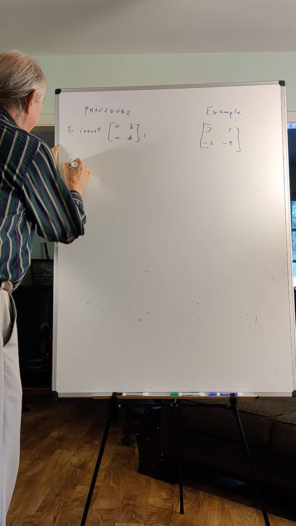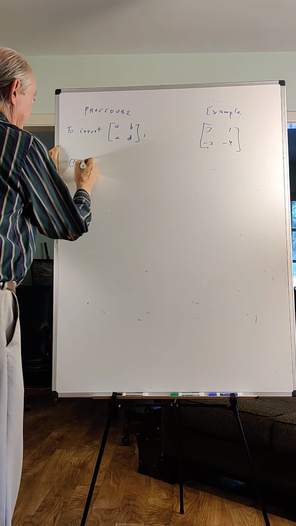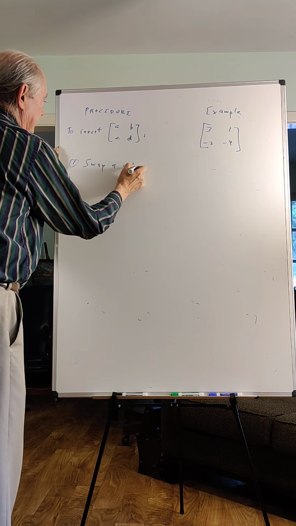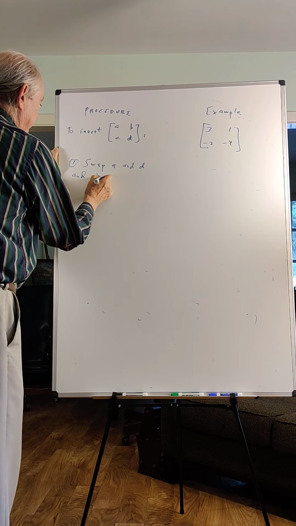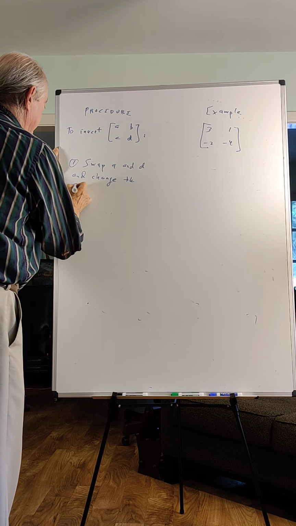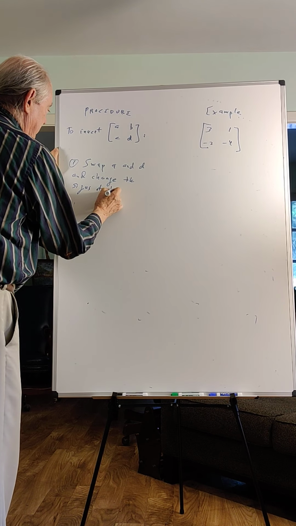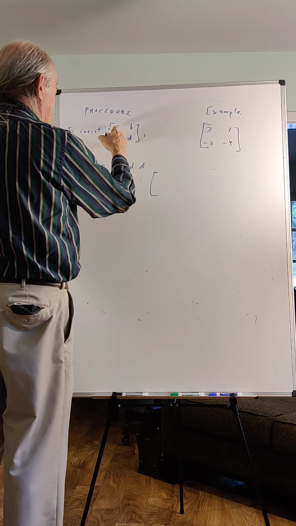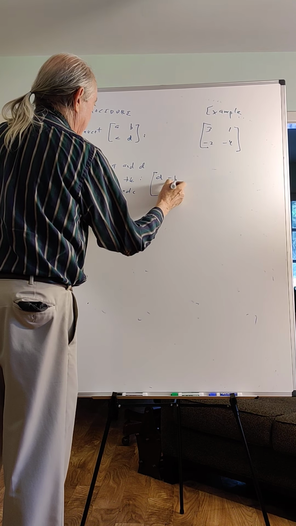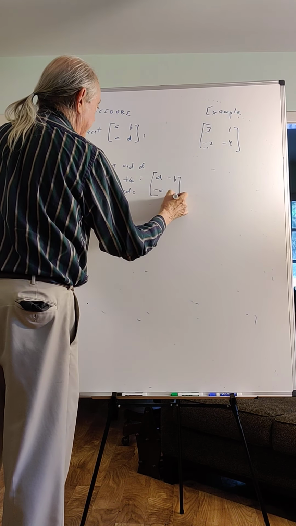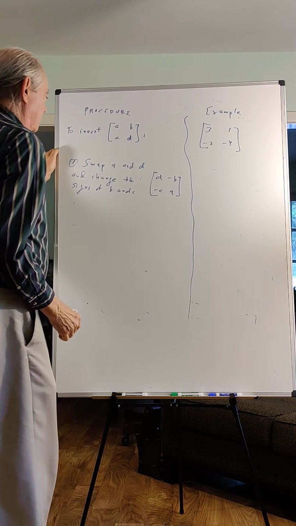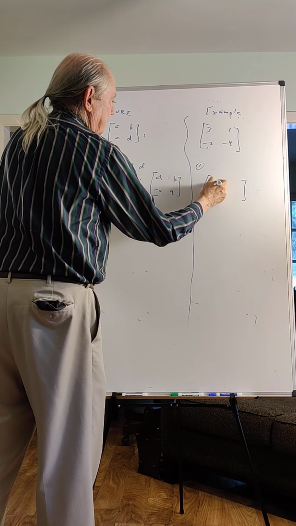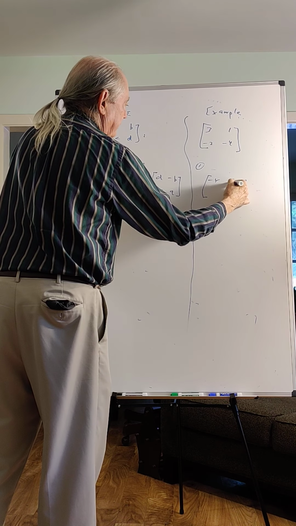So the first thing you do is you switch A and D and change the signs of B and C. Swap A and D and change the signs of B and C. So that gives us D, minus B, minus C, and A. All right, so over here, switch these two, change the signs of these entries.